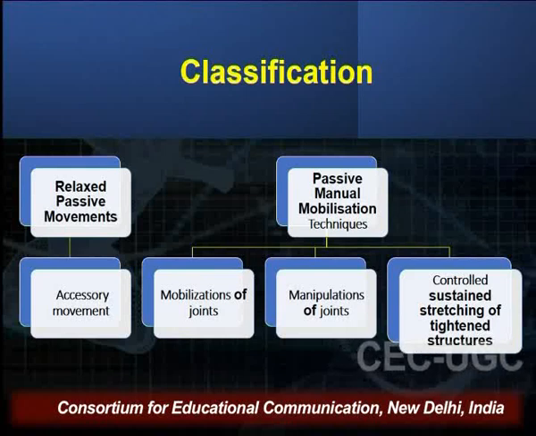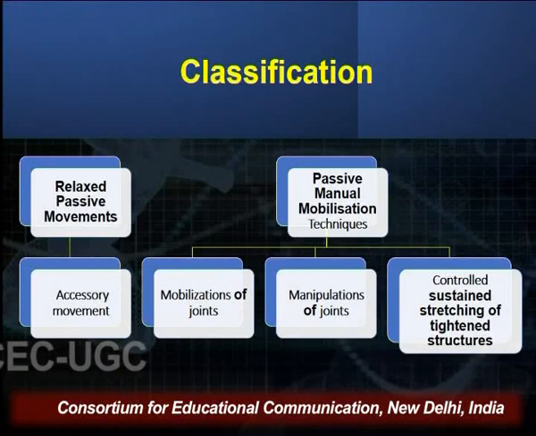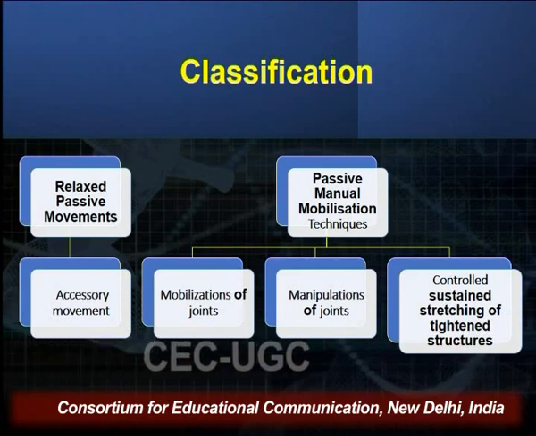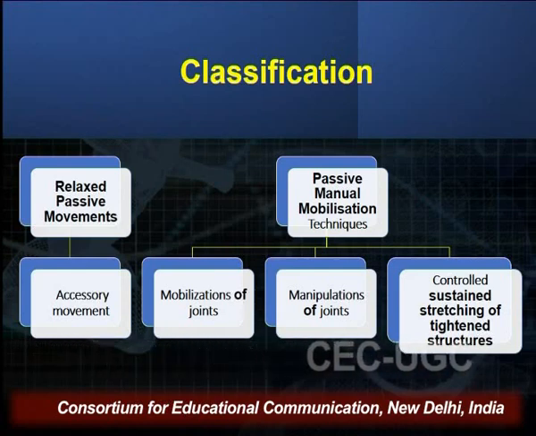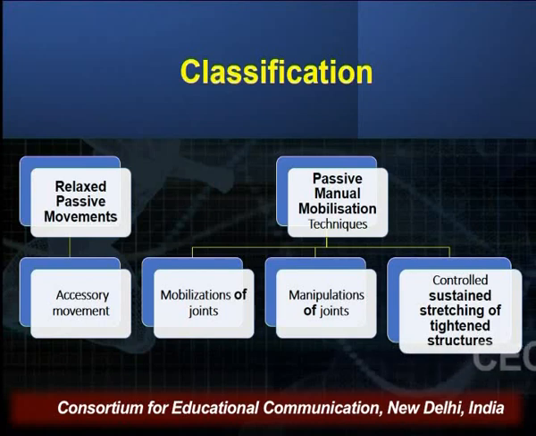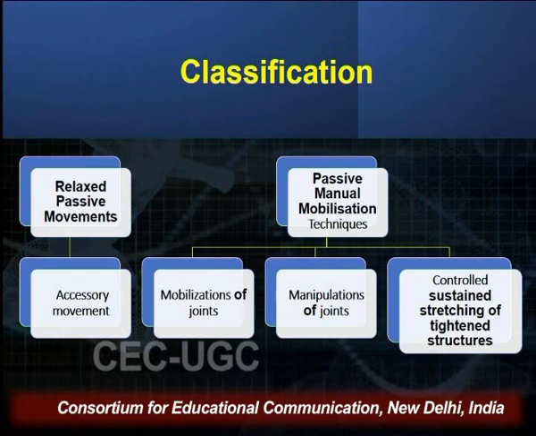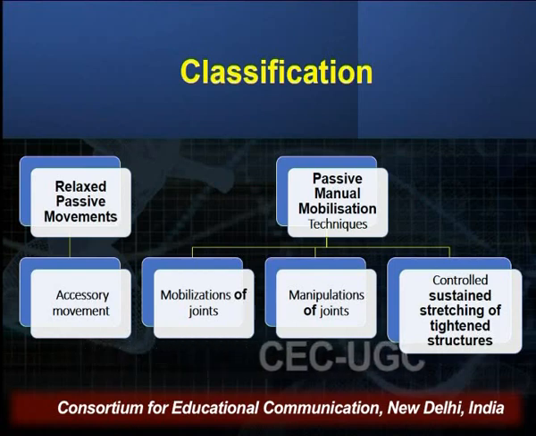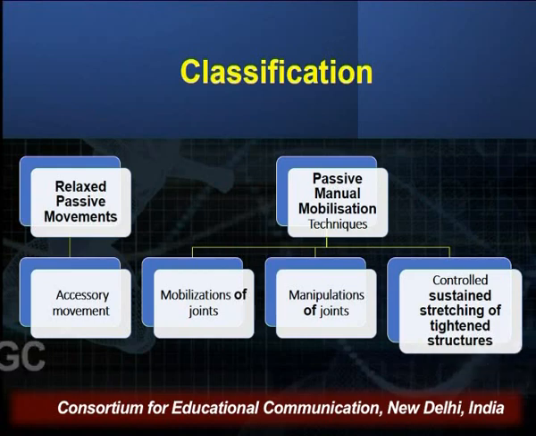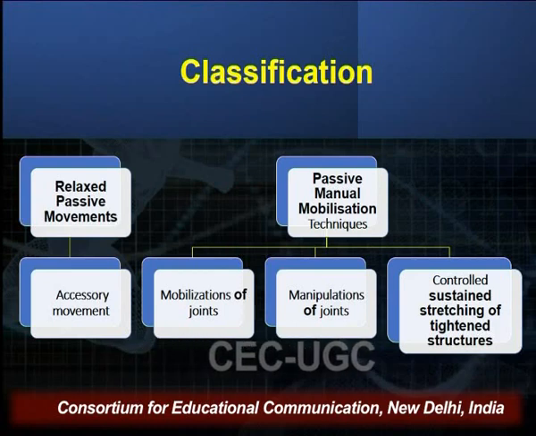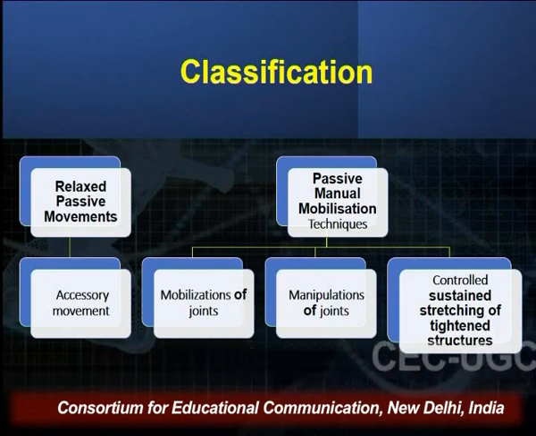Now we can see the classification of passive movement. In classification, we can divide it into relaxed passive movement and passive manual mobilization techniques. In relaxed passive movement, there are accessory movements, and in passive manual mobilization, mobilization of joints, then manipulation of joints, controlled sustained stretch of tightened structures.